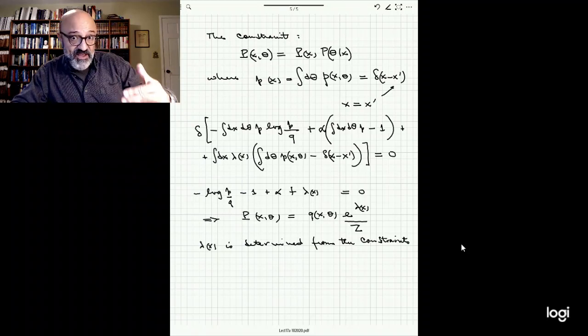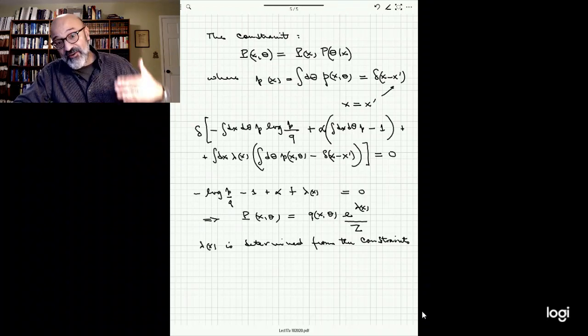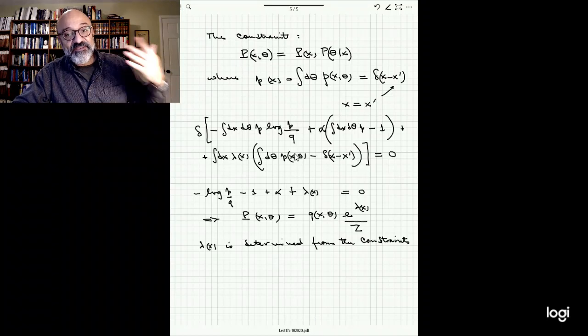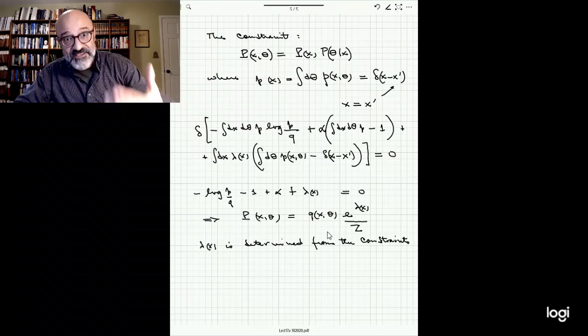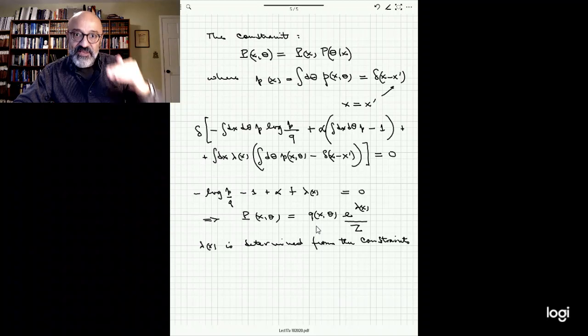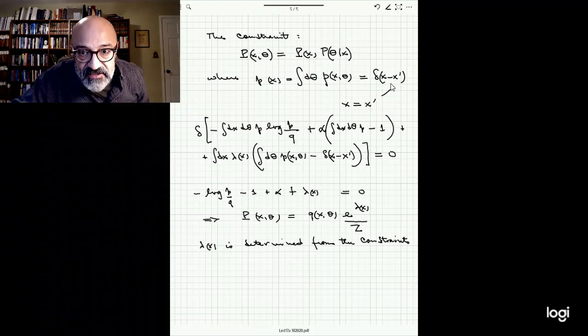I hope that by now you are becoming a little bit tired of me always repeating the same words, right? You maximize an entropy subject to the constraints, you introduce Lagrange multipliers, the Lagrange multipliers are determined so that the probability distribution satisfies the constraints. It's always the same routine. In this particular case, the constraint is up here.